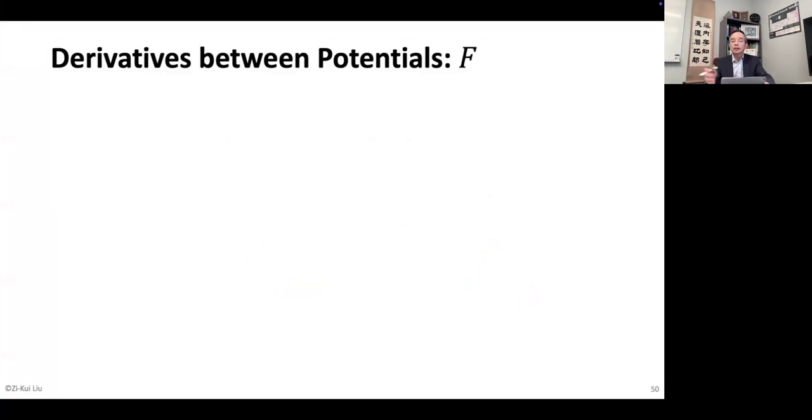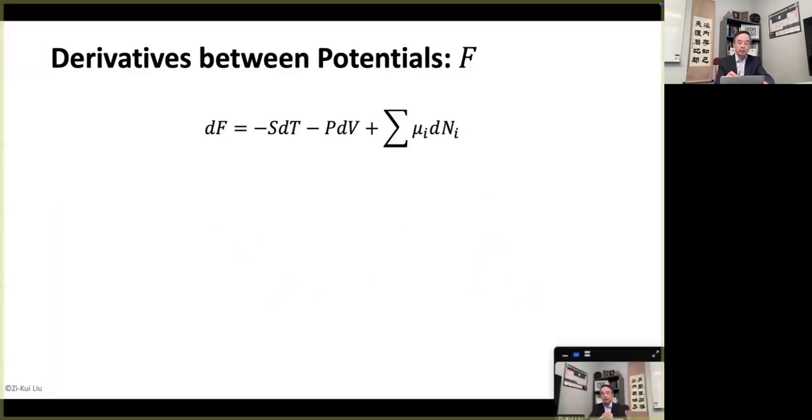Now we can move to the next one, the Helmholtz energy. As we know, in the Helmholtz energy, temperature, which is a potential, is one of the natural variables. That means we can do the pressure to temperature derivative. Of course, it's very similar to the temperature to pressure derivative, but inverse.